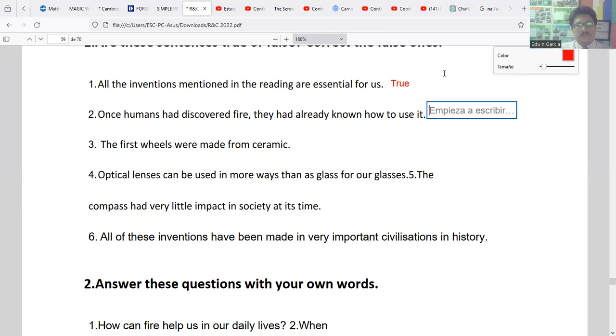That's true. They had already know how to use the fire. Well, I think that is false. I don't know if you are going to understand me in this way, and I'm going to try to explain to you. I think when the humans watch the fire at the first time, it's something unknown.